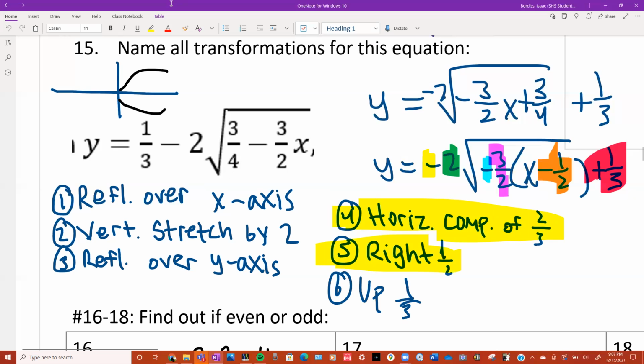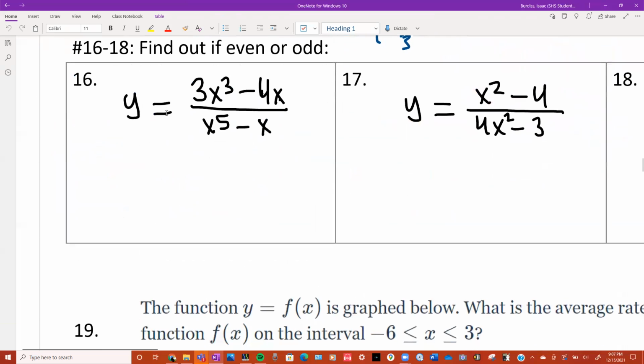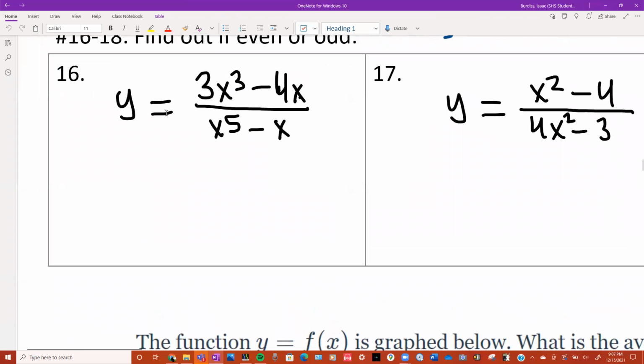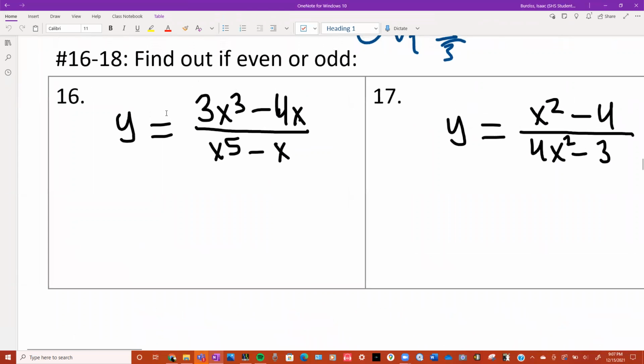Now, here comes something a little bit more easier to remember. Hopefully you do. Find out if it's even or odd. So remember how to do that? You just look at each term and determine if it's even or odd by looking at its exponent. So we have really exponents of 1 there and there. So that's an odd exponent, that's an odd exponent, that's an odd exponent, that's an odd exponent. We have odd divided by odd. And don't think that's odd, that's actually even.